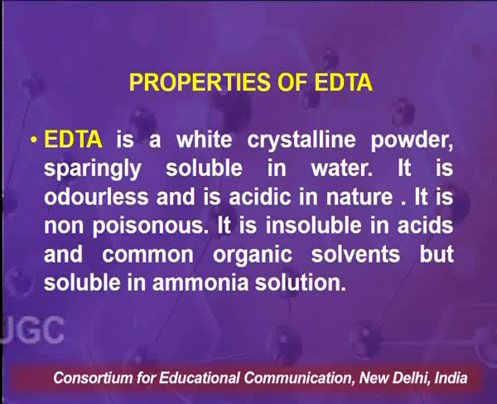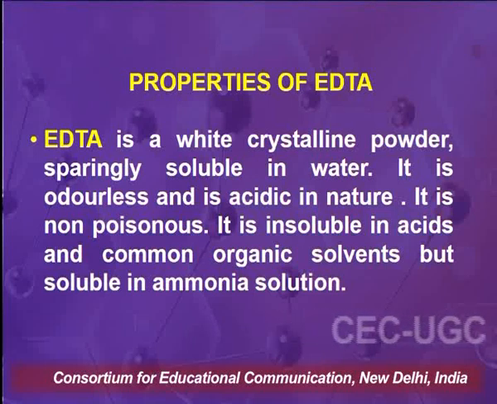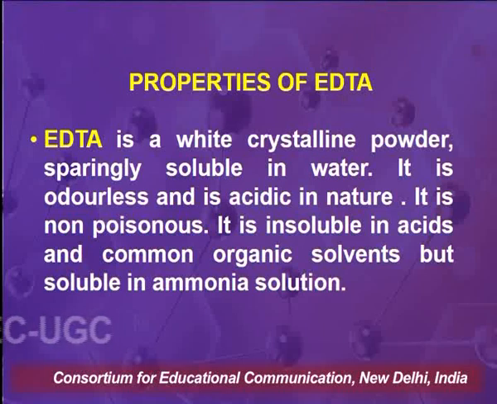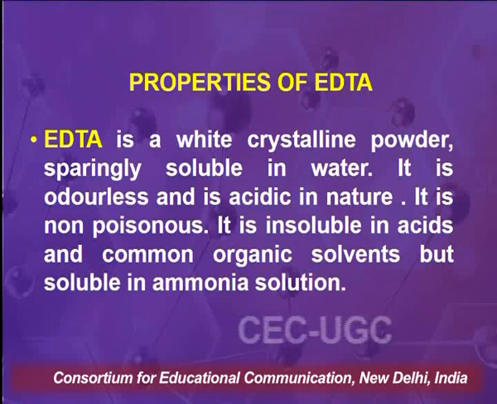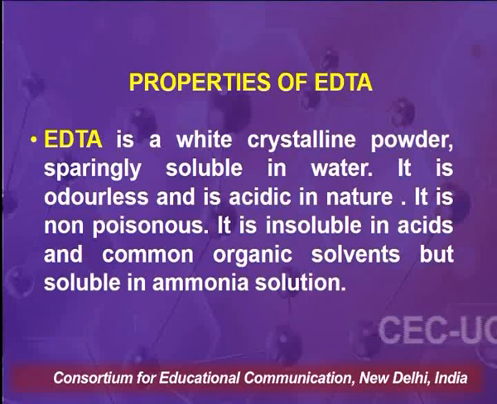It is odorless and acidic in nature, and this acidic nature is due to the presence of 4 acetate groups. It is non-poisonous and insoluble in acids and common organic solvents, but it is soluble in ammonia solution.